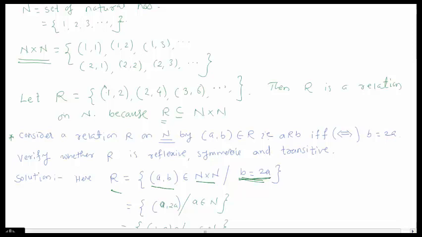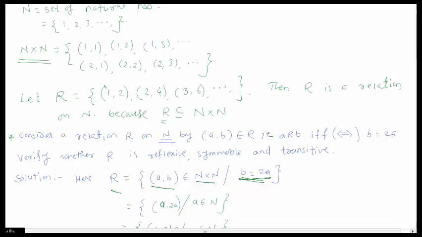So b equal to 2a means what type of ordered pairs are in this set R? This is a set builder notation for R.